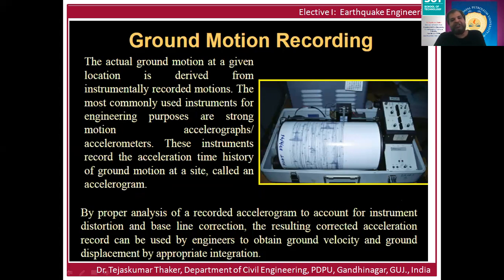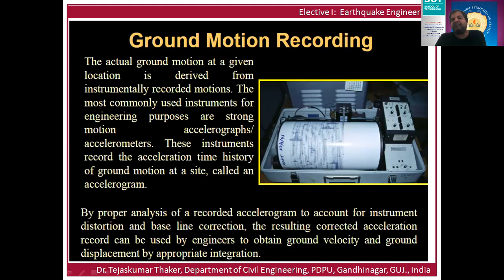The most commonly used instrument for engineering purposes are the strong motion accelerograph or the accelerometer. This instrument records the acceleration time history of the ground motion at a site, called an accelerogram. So whatever recording has happened on this particular paper is known as an accelerogram.